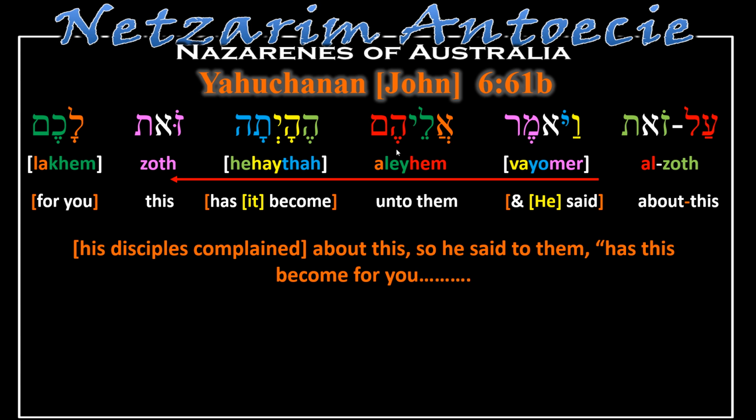So I've put it, and because of the hey in front, it could be termed as a question. Has it become? Zot, this, lakem, for you. So in the English, it's his disciples complained about this. So he said to them, has this become for you?